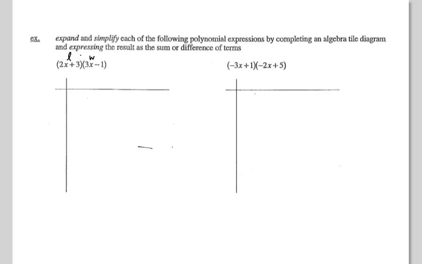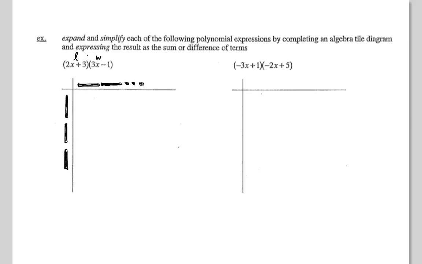So 2x + 3, I would represent that by 2 bars and 3 units. And what should I put vertically down the side for the width? 3 bars and 1 unit, and this unit has to be unshaded because it's negative, right?